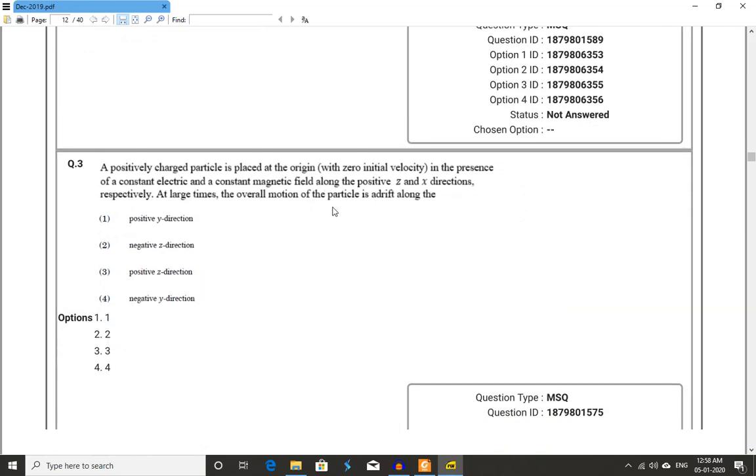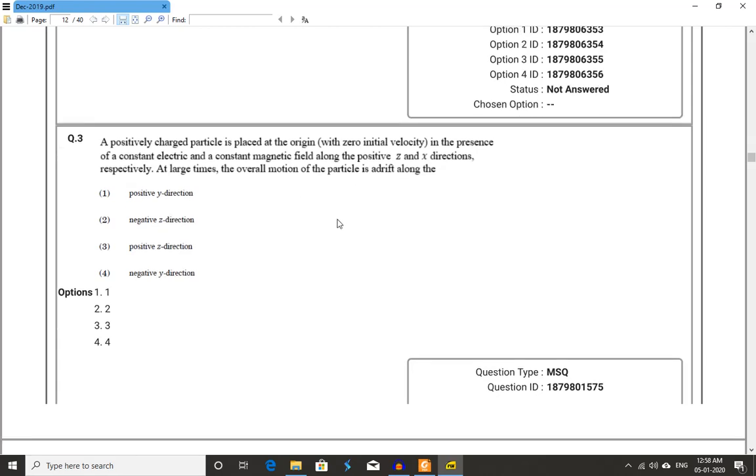This is a higher secondary level question. A positively charged particle, zero initial velocity, in the presence of constant electric and magnetic fields along positive z and x direction. So for large time the overall motion of the particle will drift along the... You just apply the minimum basic rules of electric and magnetic fields.